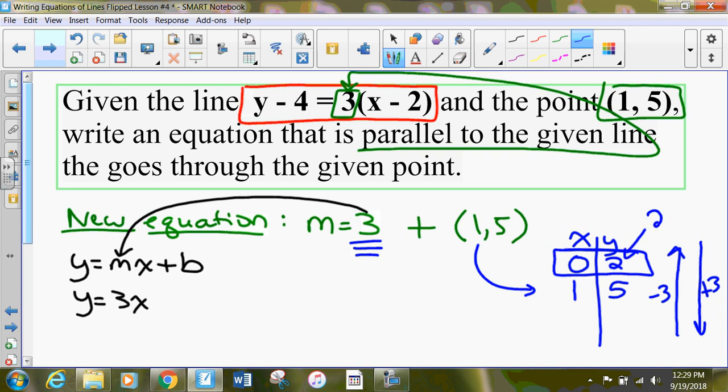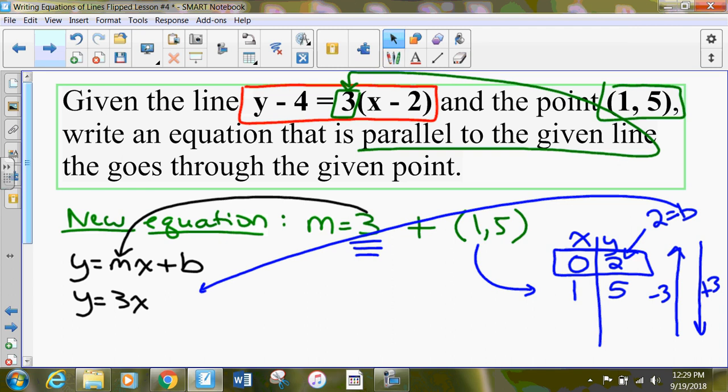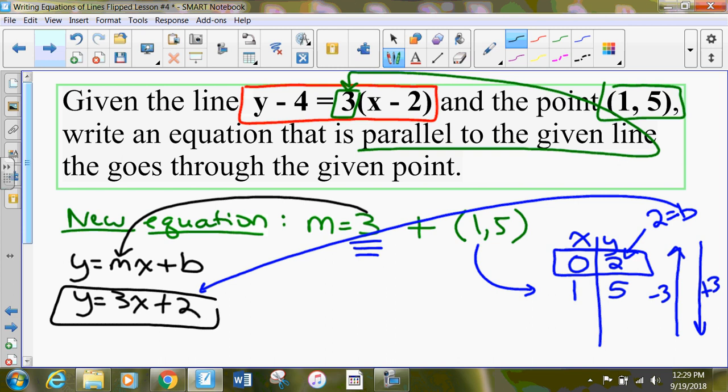Voila, 2 is my y-intercept. I'm going to bring that down. And look what we got. This equation of a line that we wrote is parallel to the given line, the old line, as well as going through this point 1, 5.